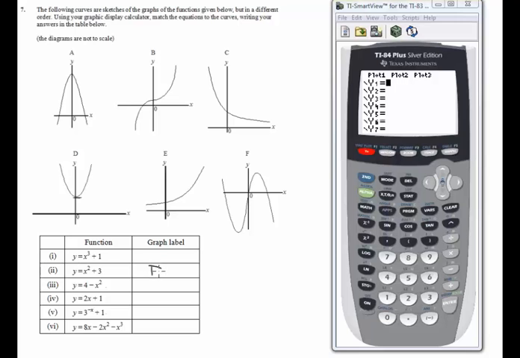So before I go to my calculator, I'm just going to use what I know. Here is another parabola. It's got a negative going down, so I'm looking for a negative x squared. We've already ruled out that one. Jump down here.